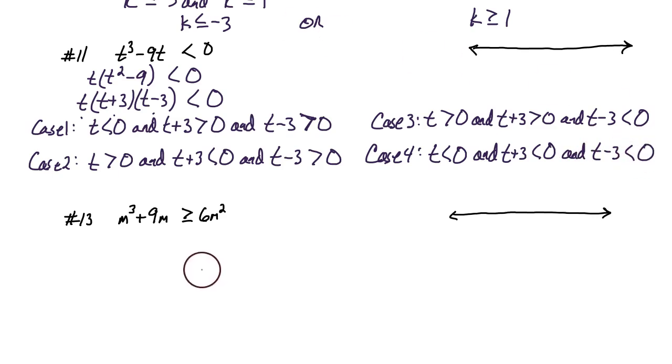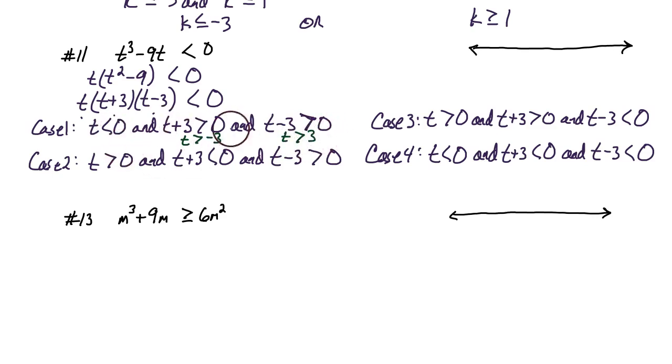Let's go back to each of the cases and solve for t. This one here is already good to go, and this one here we could subtract 3 from both sides, getting t is greater than negative 3. This one here we could add 3 to both sides, getting t is greater than positive 3.